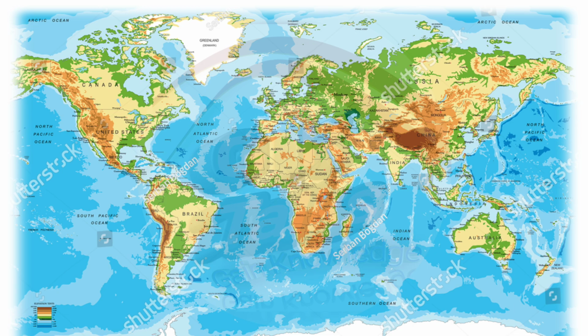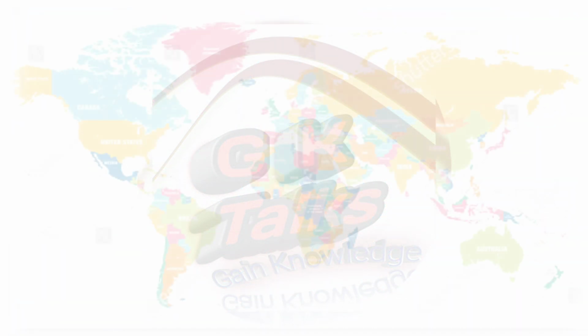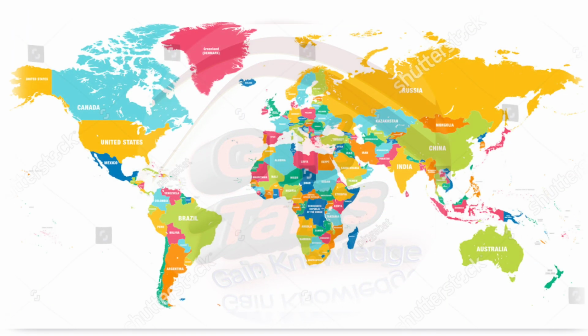These kinds of maps show physical features of continents, plateaus, plains, rivers, lakes, oceans, etc. Number two, political maps. These kinds of maps show the boundaries of different countries, states, capitals, major cities, etc.